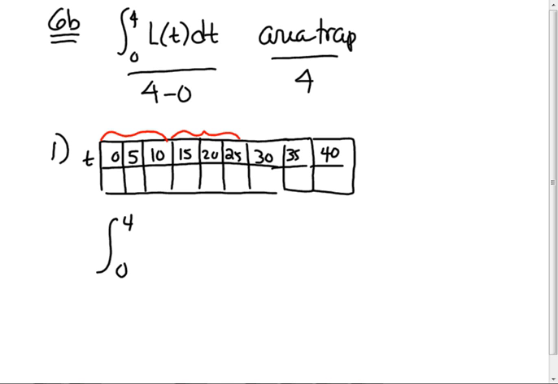Let's undo that. Okay, 0 to 10. There's your midpoint. And then you go 10 to 20. There's your midpoint. Then you go 20 to 30. There's your midpoint. And 30 to 40. There's your midpoint. What's true about the base? Oh, they're 10. They're all the same, which is nice.